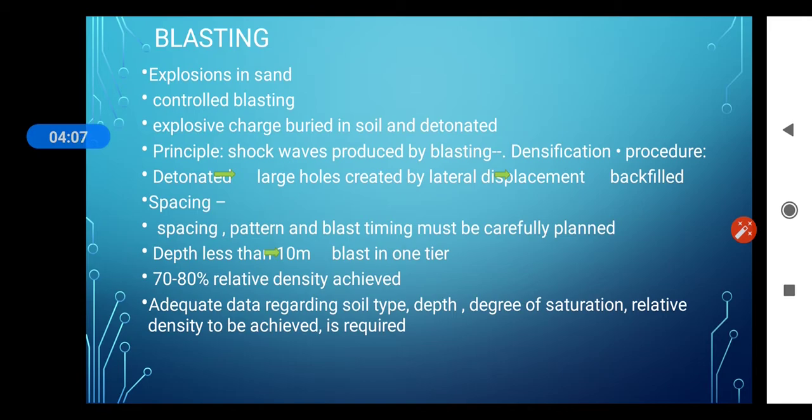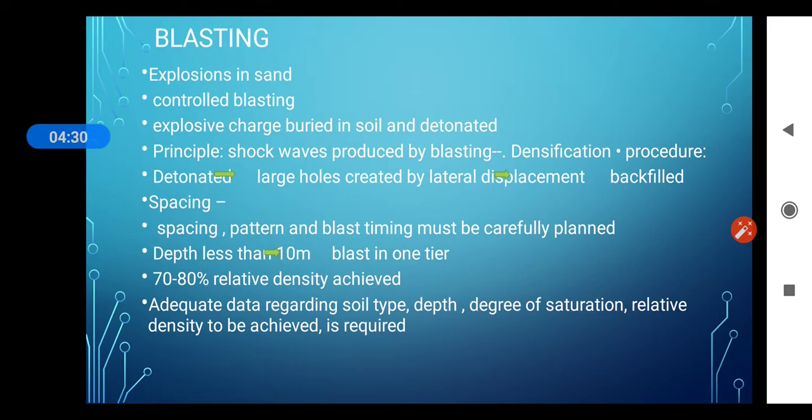That is, exploding in sand causes densification. The blasting is controlled: the explosive charge is buried in soil and detonated, and the principal shock waves produced cause the densification.